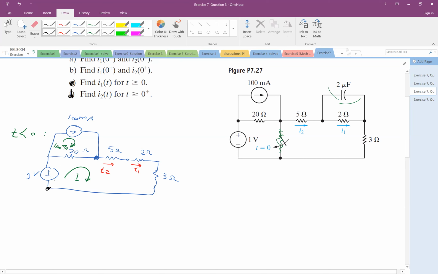So start from here. Write it here, minus 1 going here, plus 20 times the I minus the current going that way, 100 milli. Then continuing, plus all these resistors are in series, 5 and 2, 7 and 3, 10. 10 times the current, which is I, equal to 0.